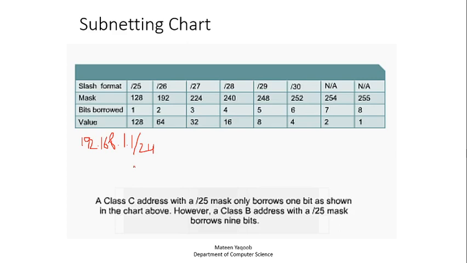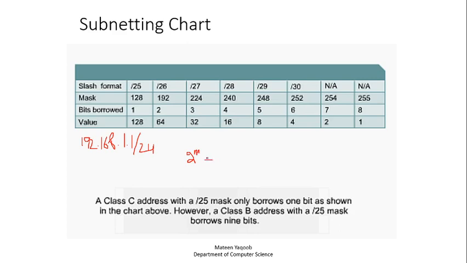Let's assume I want to make 2 subnets in this. So what I will do here is borrow 1 bit. How will I determine that? The formula for the number of subnets is 2 raised to the power m, where m is the number of borrowed bits.